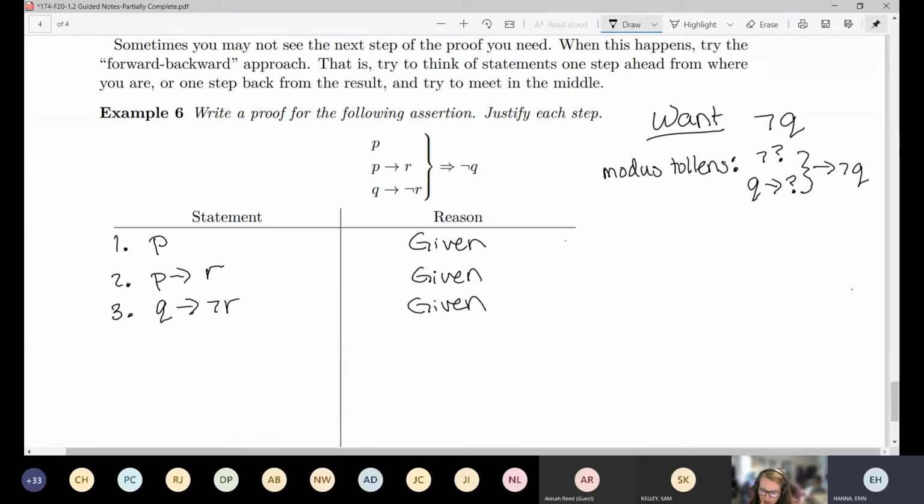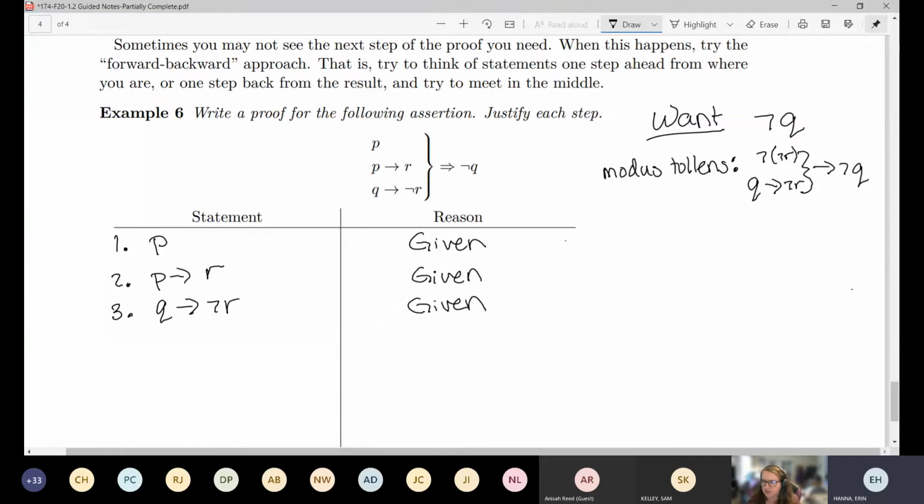Specifically because I have Q implies not R, let me change that question mark to not R, because that's something I actually have. If I put not R there, I have to put not R here as well. Both of those not R's could be P's, but I don't have Q implies P in any way. So for right now, I'm going to hold off on that.